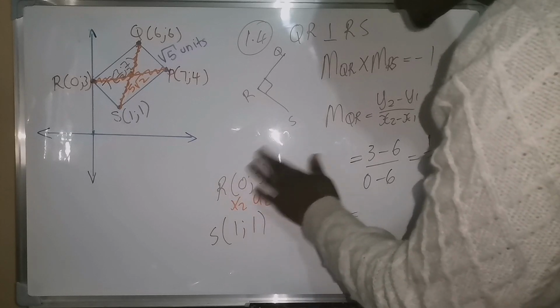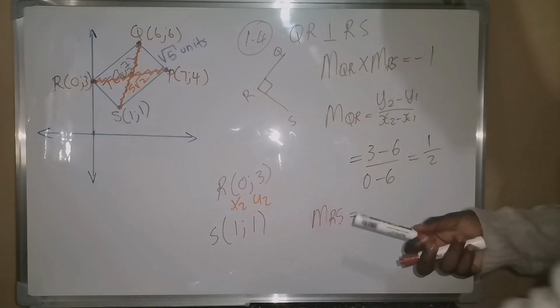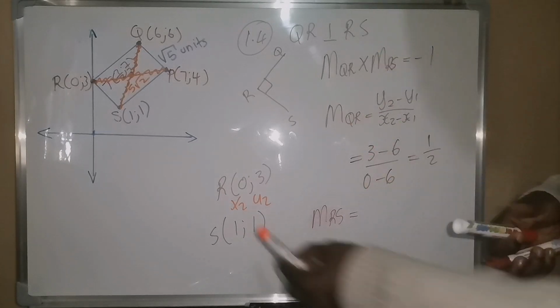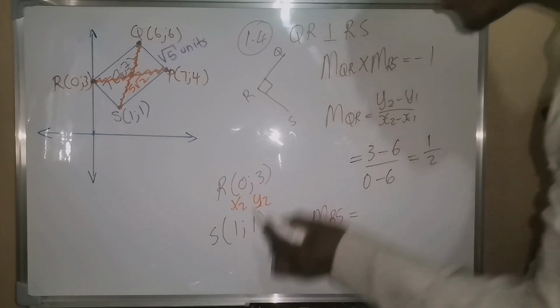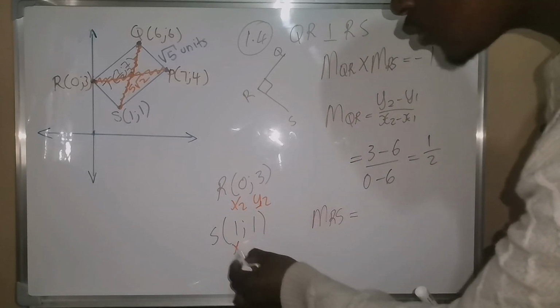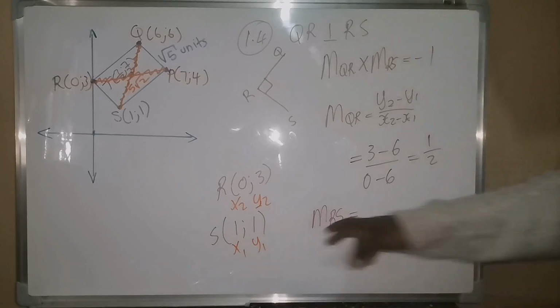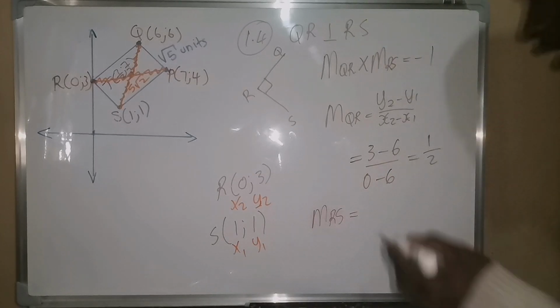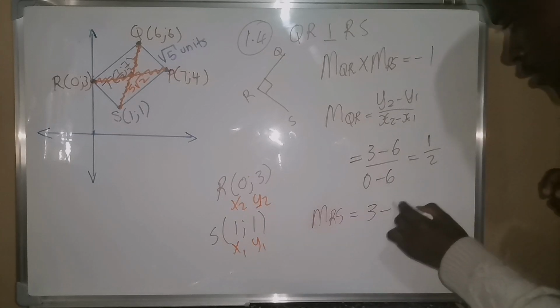Now for RS, label the coordinates. I already have R as x2 and y2, therefore the coordinates of S will take x1 and y1. That's very simple. Y2 is 3. Y1 is 1.